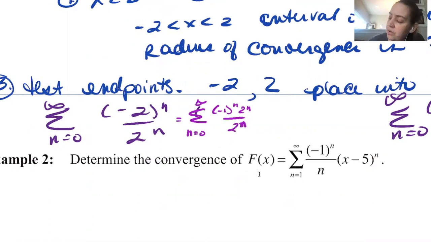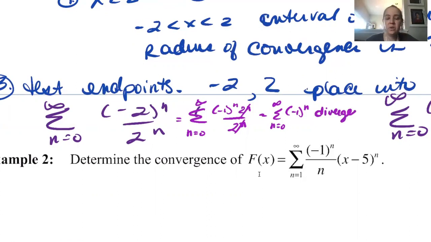Your 2 to the n's over 2 to the n's cancel. So this becomes n equals 0 to infinity of -1 to the n. Well, does that converge or diverge? It's going to diverge. It goes positive 1, negative 1, positive 1, negative 1.